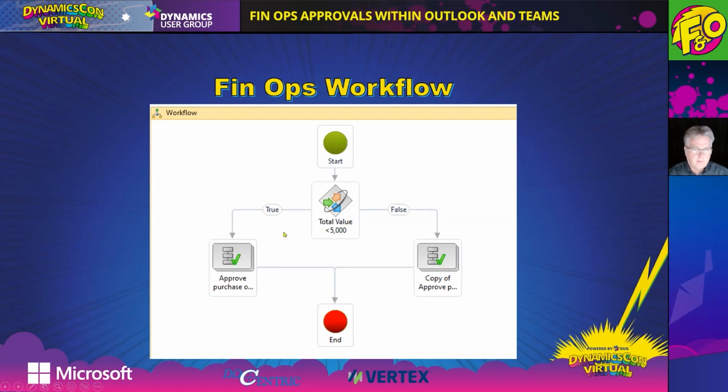If it was less than 5,000, it would go down this path. If it was not, it would go the other path. And this level right here, this is where the trigger really takes place for us. And once it gets to that, then we see that Power Automate kick off and the whole approval process begins for the external to FinOps.